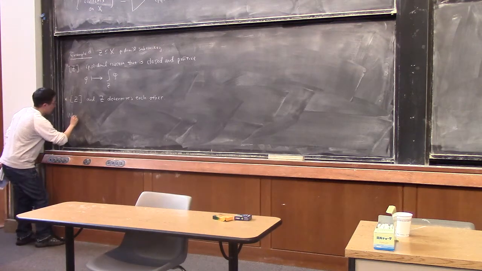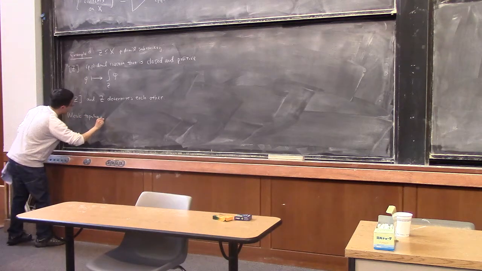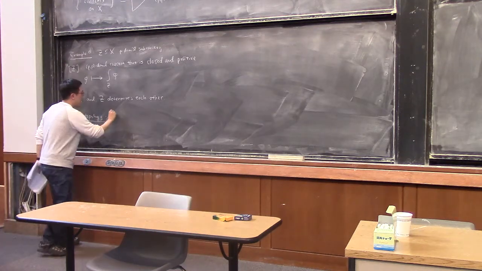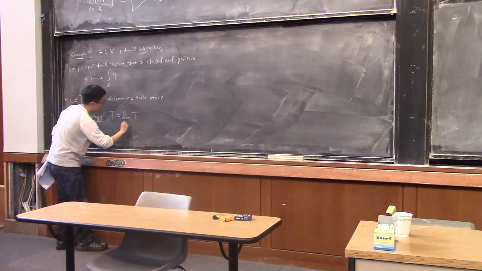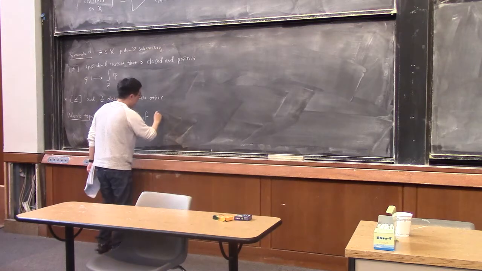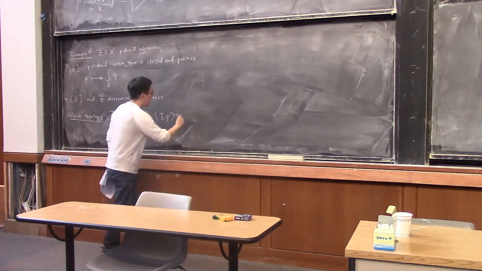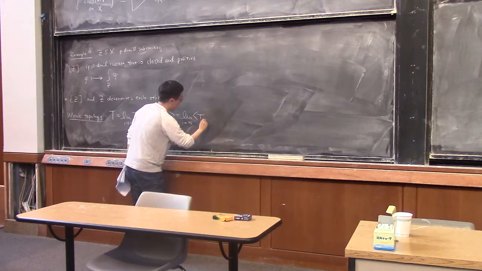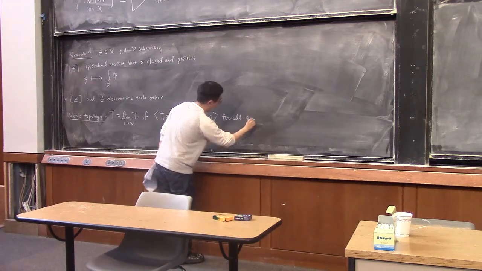So we can equip the set of currents with a so-called weak topology by saying that a current T is a limit of a sequence of currents T_i simply if T paired with a differential form phi is the limit as i goes to infinity of T_i paired with phi for all forms phi.